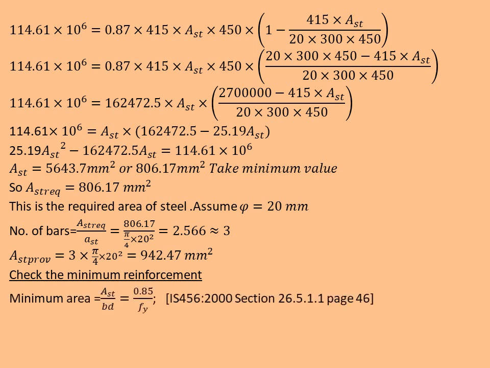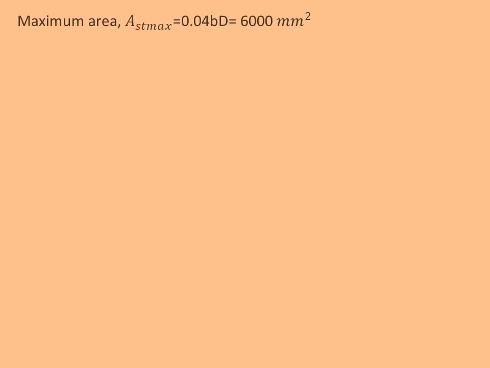First we check the minimum area, that is AST by BD. In section 26.5.1.1, page 46 in the code, we have a formula for AST by BD, that is equal to 0.85 by Fy. We substitute it and we get AST minimum, that is 276.506 mm square.